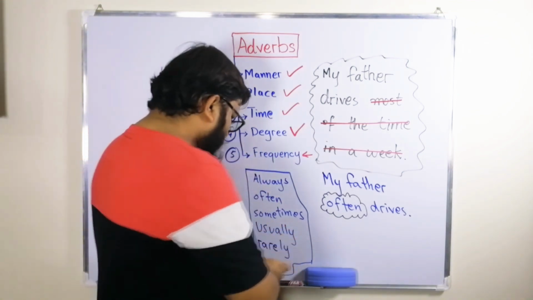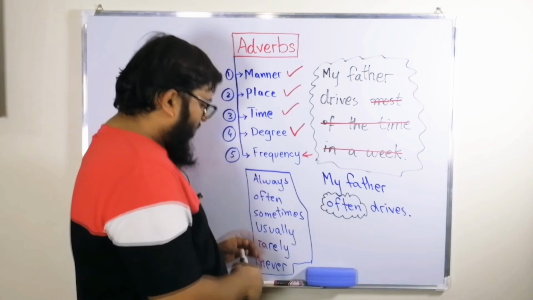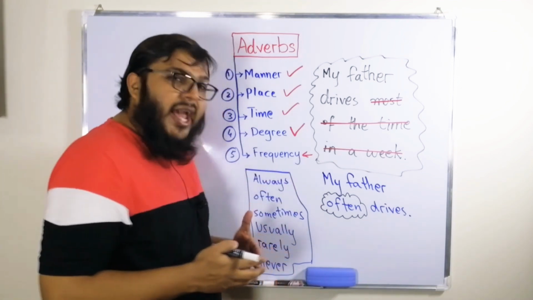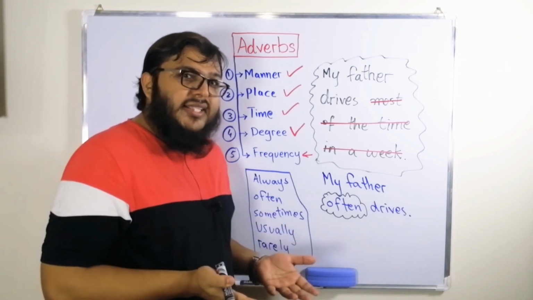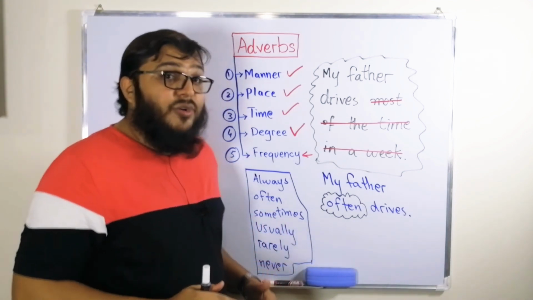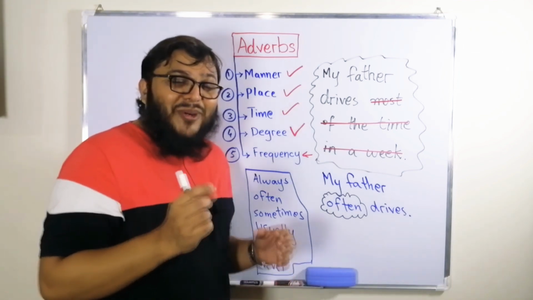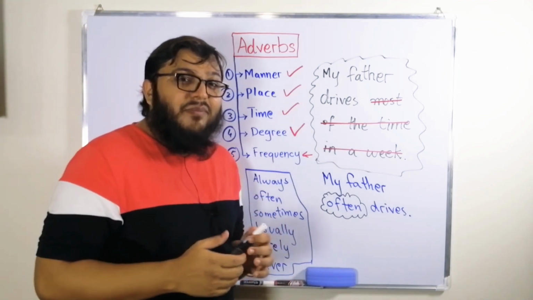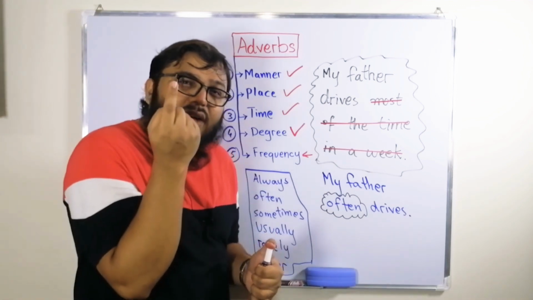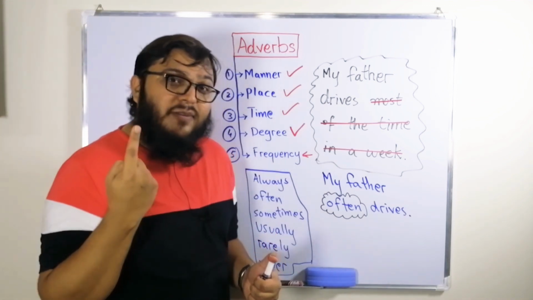So the point is, is there a ranking? For example, if something is happening 25 days in a month, do you think I'm going to use the word rarely? No, because the meaning of rarely is something that happens maybe once a month, one time a month.